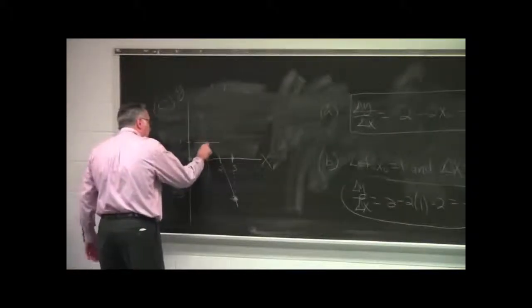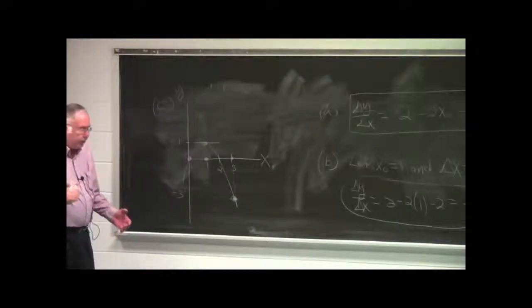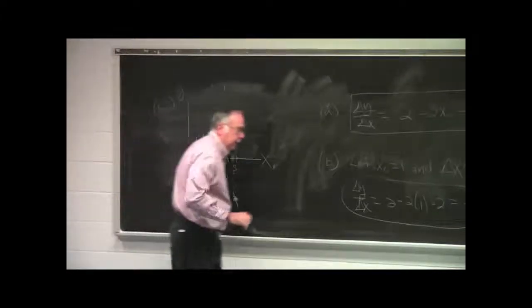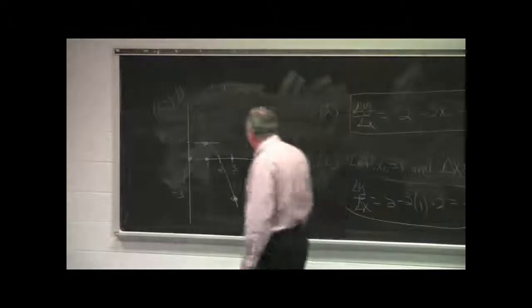Now, what is the average rate of change of y with respect to x over this interval as x goes from 1 to 3? Well, what you want to do is connect these two points with a straight line, and the slope of that straight line is the difference quotient, the geometrical interpretation of the difference quotient.